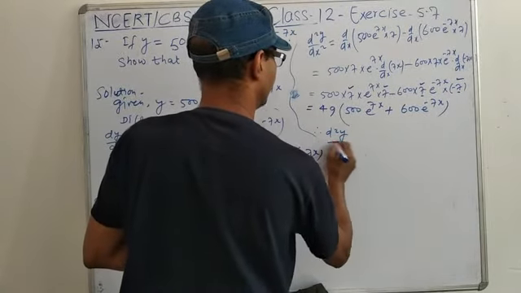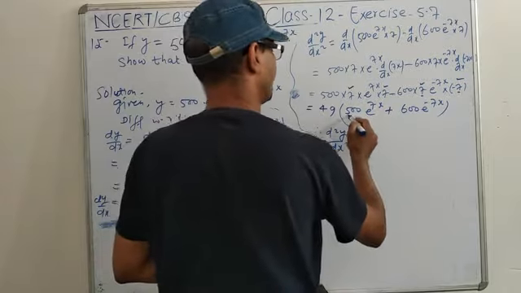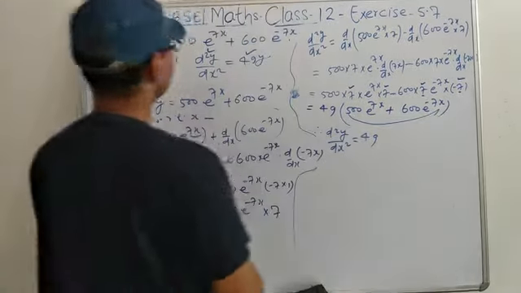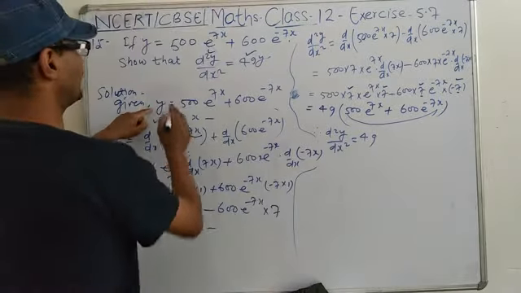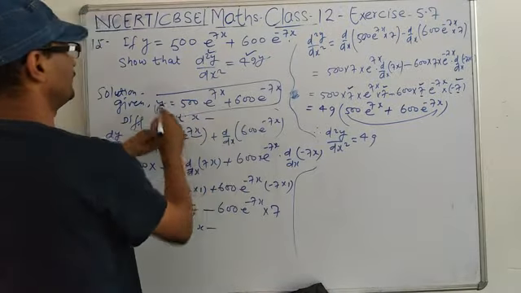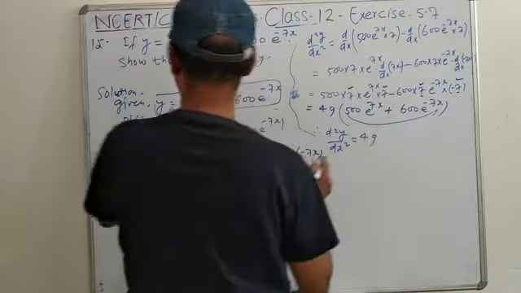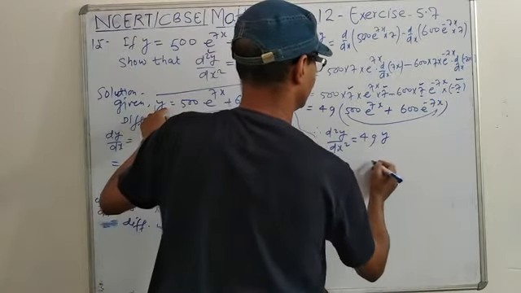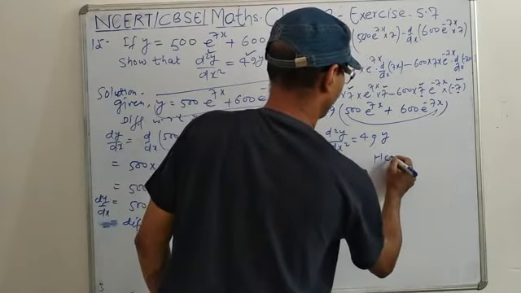Therefore d2y by dx square equal to 49, and you can see this value is y, because y is equal to 500 e power 7x plus 600 e power minus 7x. तो इसके प्लेस में हम लोग क्या पुट कर सकते हैं y. So d2y by dx square is equal to 49y, hence proved.